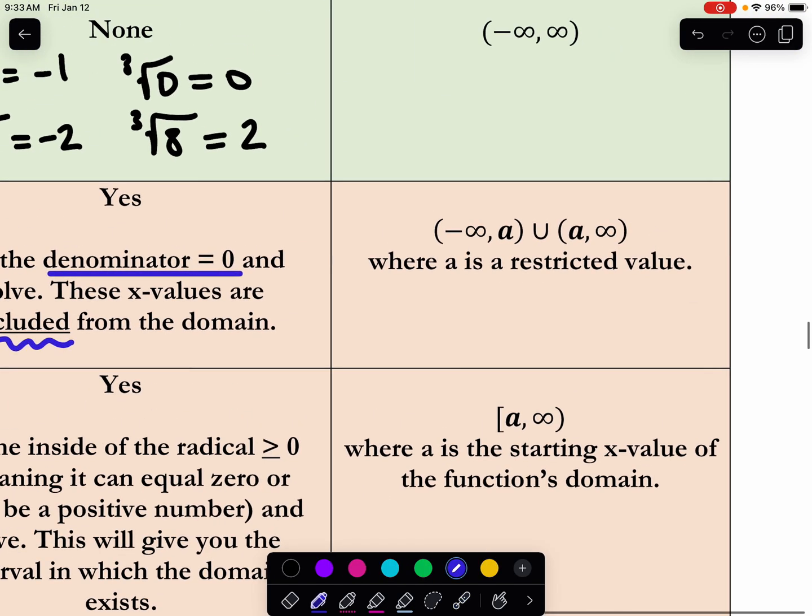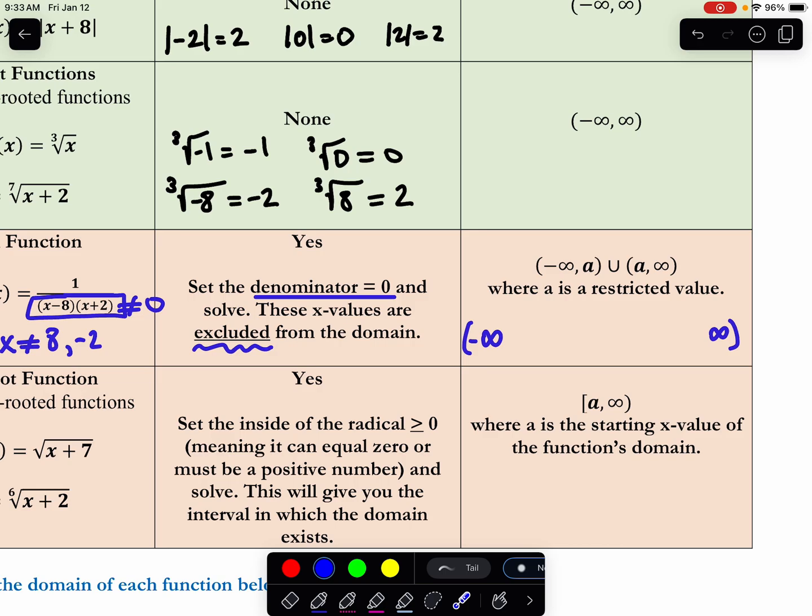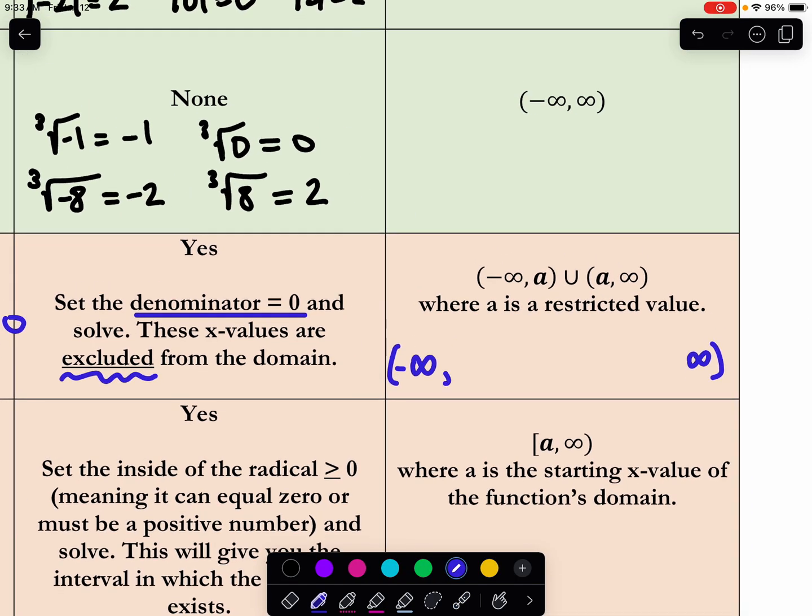So that means usually the domain is negative to positive infinity. In this case, we have to skip over negative 2 and then skip over positive 8. So we're going to go negative infinity to negative 2 and skip over negative 2. And this is what it looks like in interval notation. Both of those open parentheses say don't include negative 2.